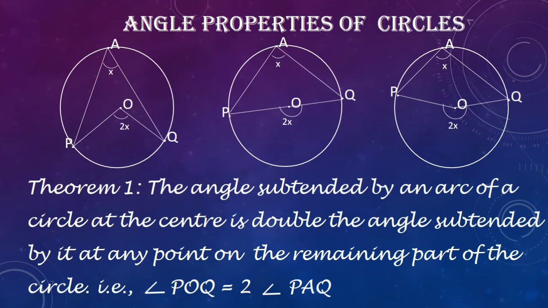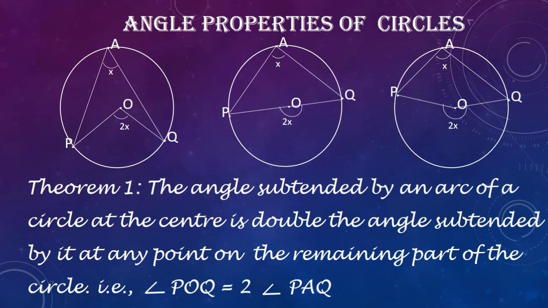The second and third figures also depict the same theorem. In the second figure, the arc considered is a semicircle. In the third figure, the arc considered is a major arc. That means, regardless of the type of arc that subtends the angle, the theorem is true.